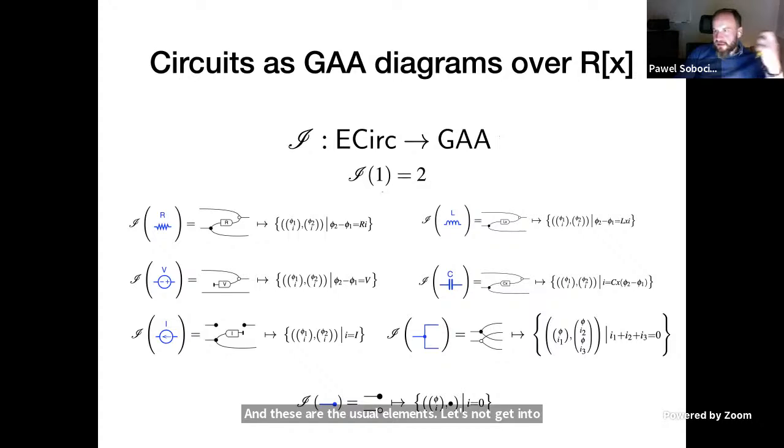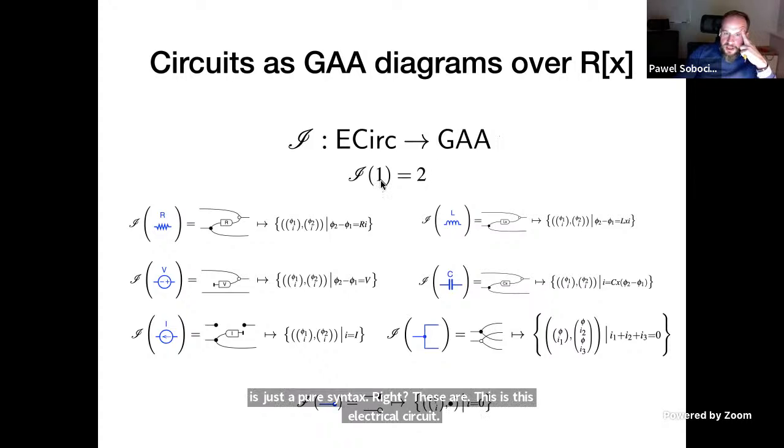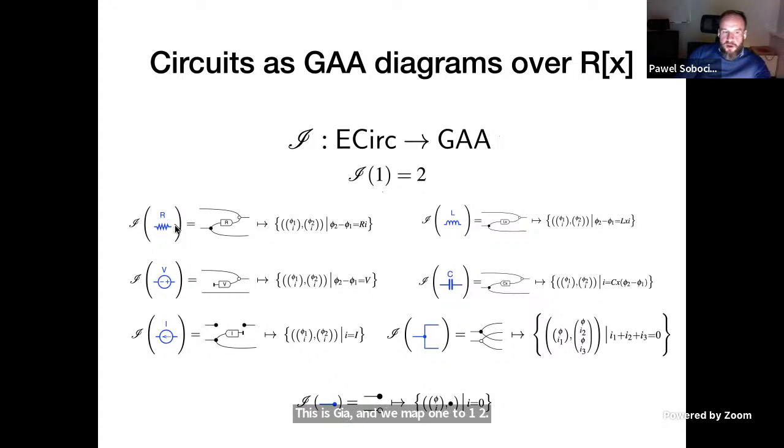Now, it turns out that all of these elements have a semantics as an affine relation. This deserves a couple of words because it's an interesting functor. This is just pure syntax, this is the electrical circuit, this is GAA. And we map one to two. So we map a single wire to two wires because the idea is that each electrical wire carries two values.